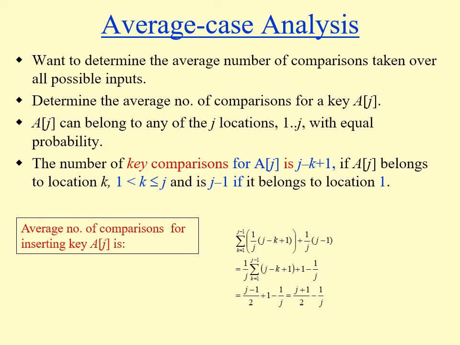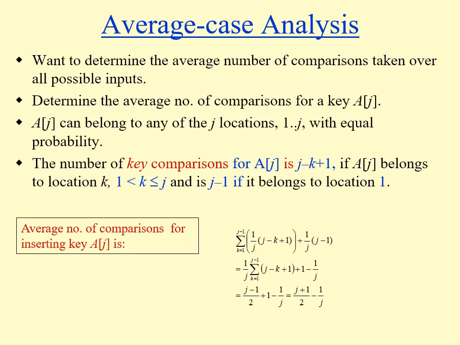So here we will look at a general case. For example, we want to get the average number of comparisons when we deal with the element AJ. In front of AJ, we have 1 to J minus 1. So for this element AJ, its correct location can be anywhere, from 1 till J, correct?